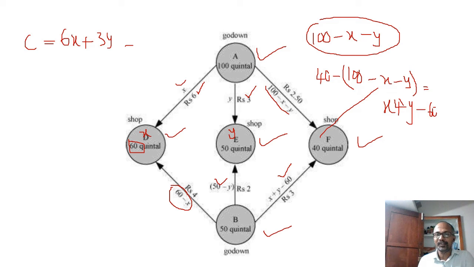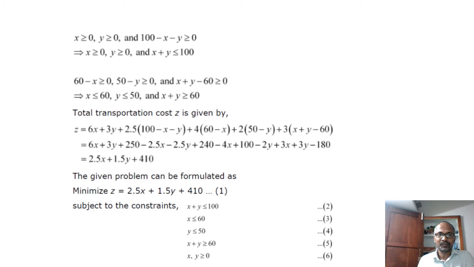So the cost equals 6 into x, 3y, 2.5 into 100 minus x minus y. You remember 4 into 60 minus x, 2 into rate is given, 3 into etc. All these costs are added. If you add all these costs, you get the cost.